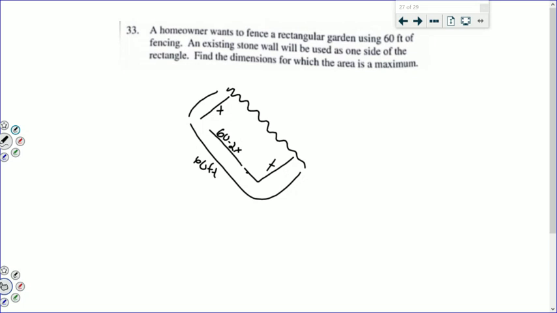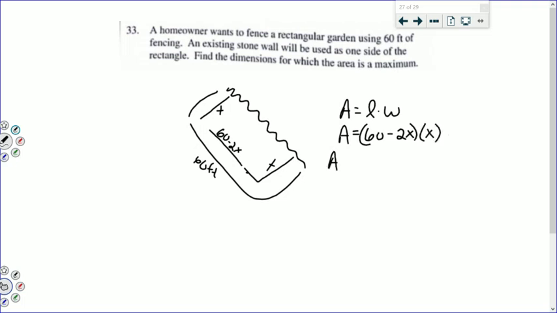To find the area, area equals length times width. We want our area to be maximized. So we're going to take our length, which is 60 minus 2x, and multiply it by our width, which is x.